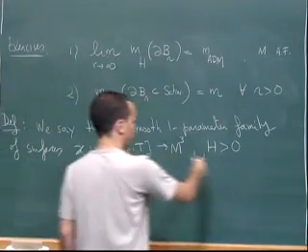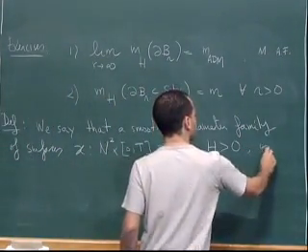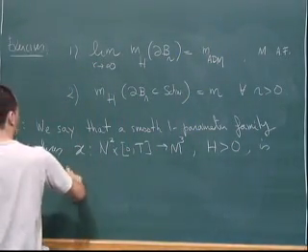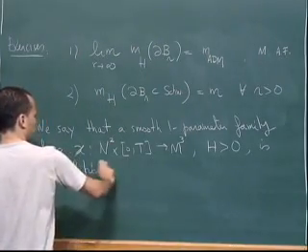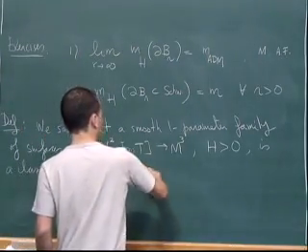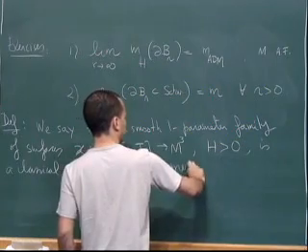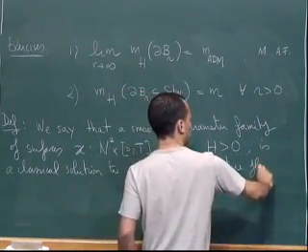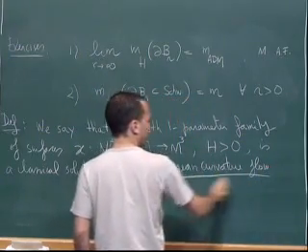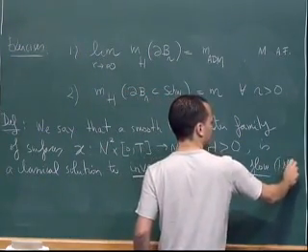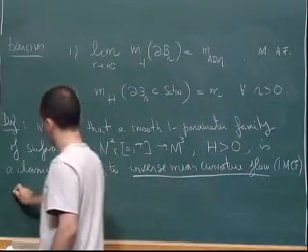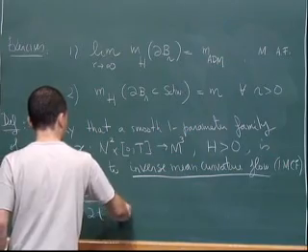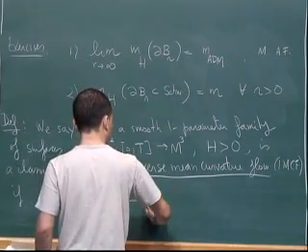So we say that a family of surfaces is a classical solution to the inverse mean curvature flow, which I'm going to abbreviate as IMCF, if dx/dt is given by minus 1 over H times nu.